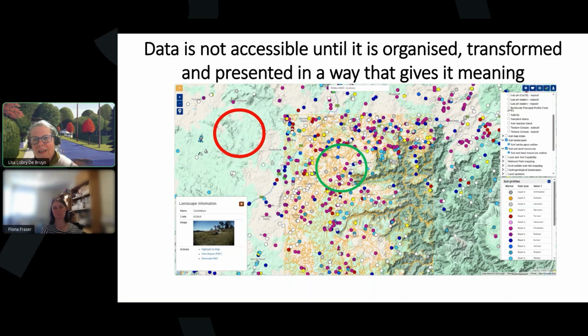The other thing that I haven't shown here is that you could turn on a land capability layer, which I feel does offer an interpretable layer, because this interpretable layer sets out for people what is the most limiting soil property for particular forms of agriculture. So it has done the work for you. It has interpreted what the soil data can tell you about your soil. Next slide, please.